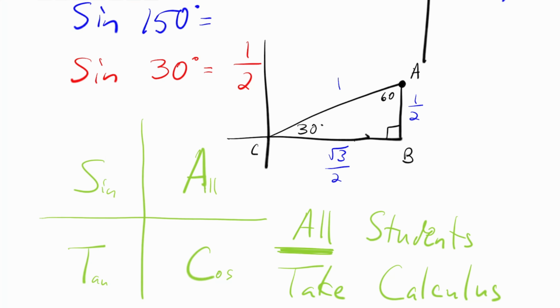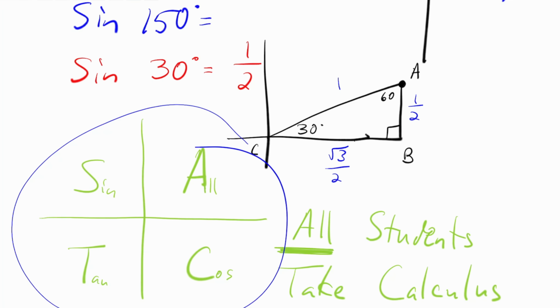What is sine in the second quadrant according to this little drawing we created here? What was this drawing supposed to tell us, if it's negative or positive? All of these are telling you what is positive where. In other words, in the first quadrant, all of them are positive.